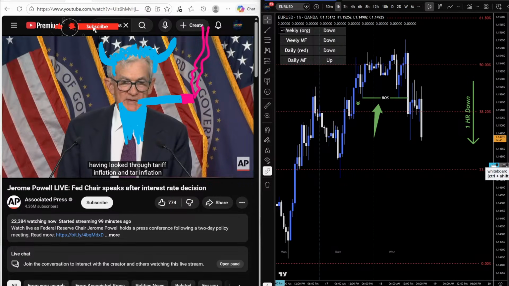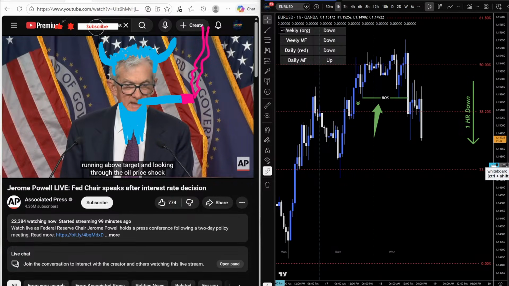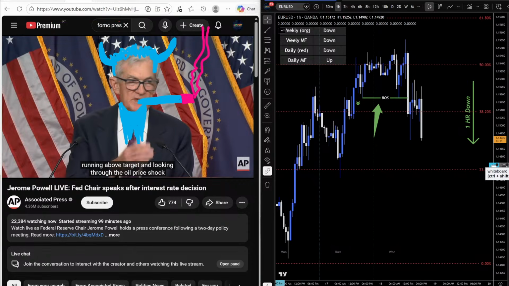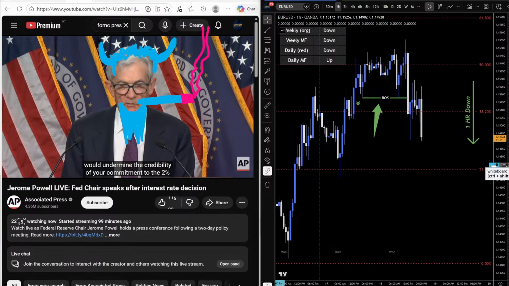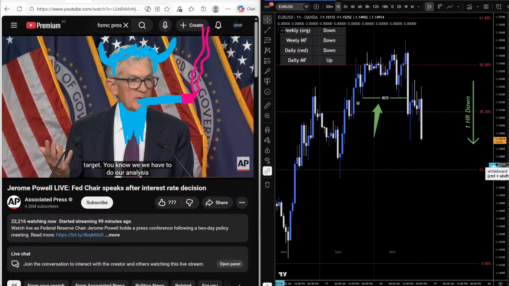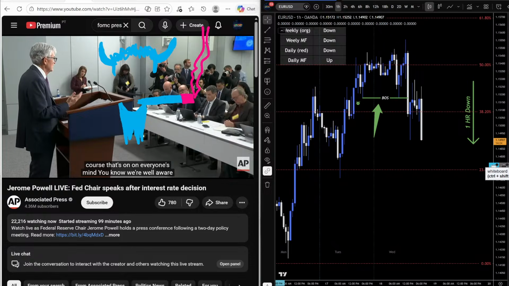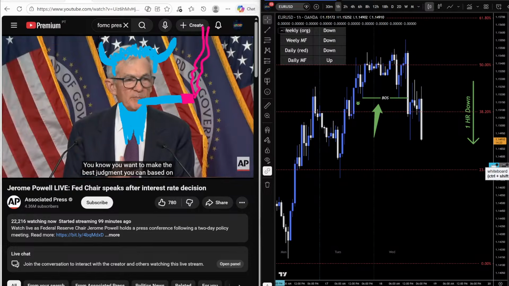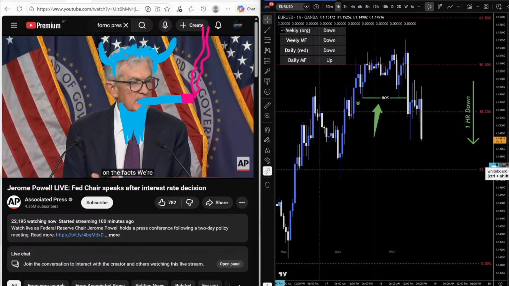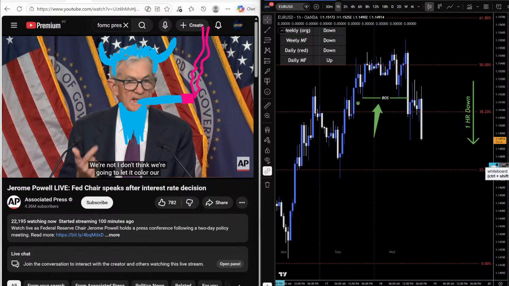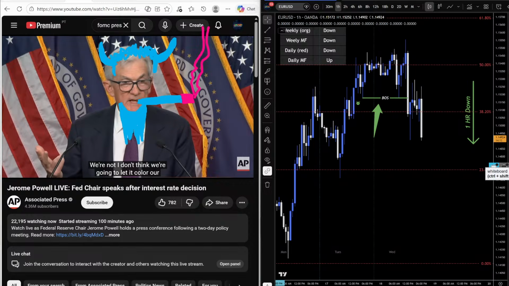We have to do our analysis and think these things through carefully, but of course that's on everyone's mind. We're well aware of the history, but you don't want to overreact to that. You want to make the best judgment you can based on the facts. I don't think we're going to let it color our decision making more than is appropriate. It's more the thought that it's been 5 years, and we had the tariff shock, we had the pandemic, and now we have an energy shock of some size and duration.